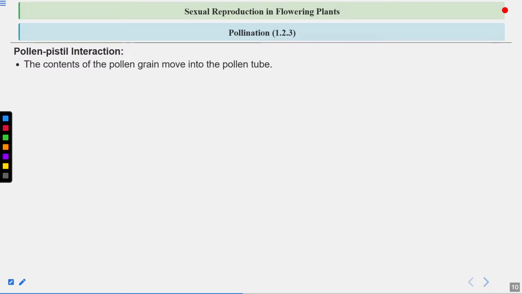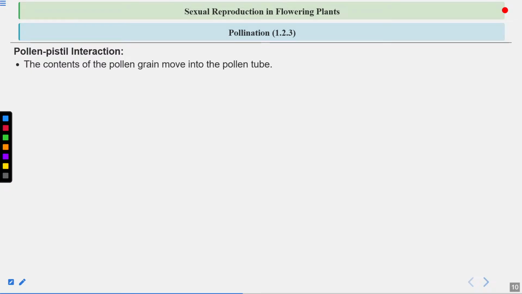Yes, if there is one ovule, then one pollen tube reaches there and it will fertilize that ovule. But in the case of multiple ovules, like papaya, you can see the number of seeds there, right?